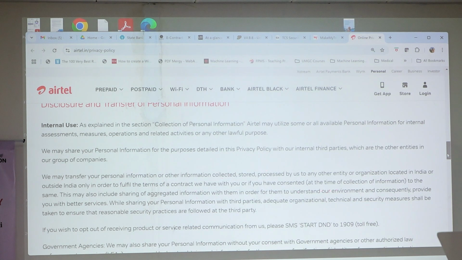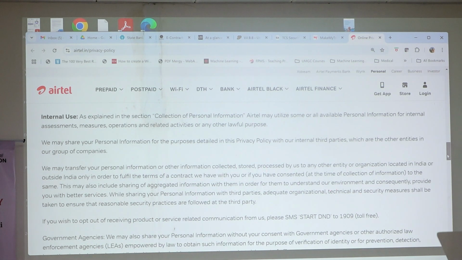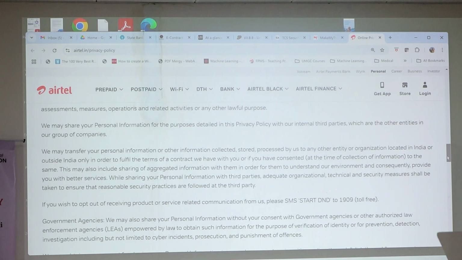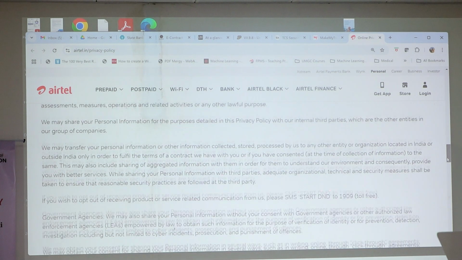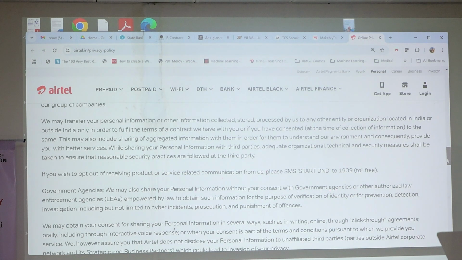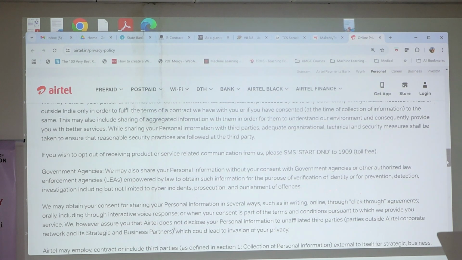And they finally say, if you wish to opt out, you can only opt out of product or service related communication, but not everything else. They're also saying they will share your information with government agencies, which spells trouble, but in India usually that's allowed.